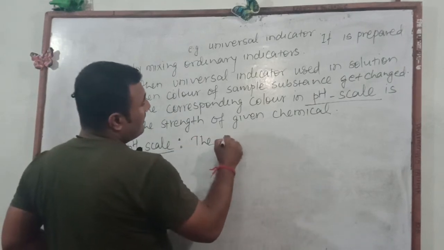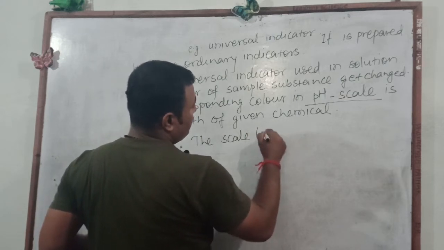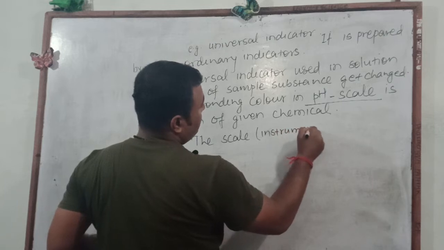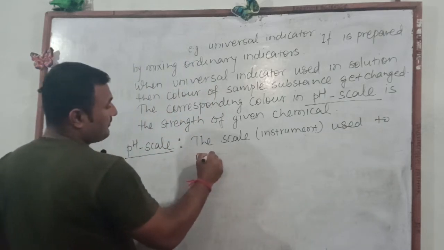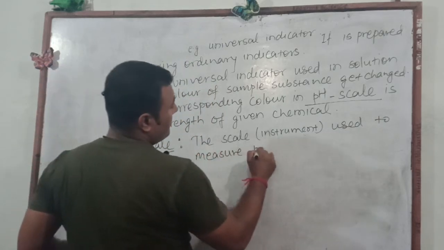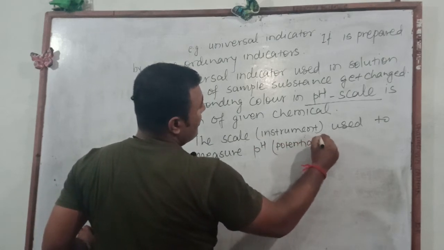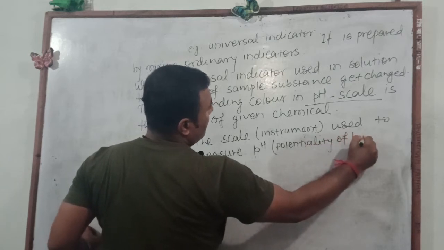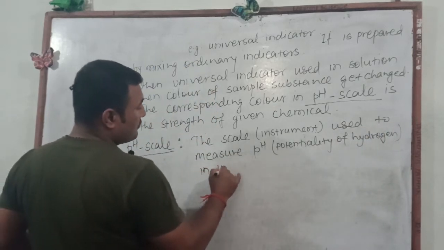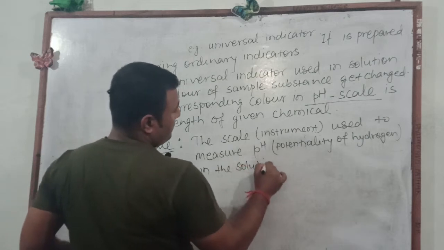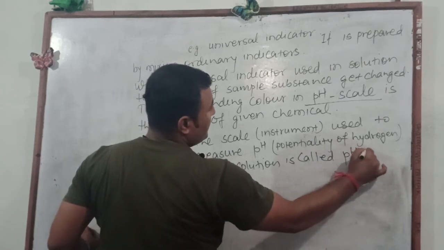And here we write: the scale or instrument used to measure pH, that is, the potentiality of hydrogen in the solution, is called the pH scale.